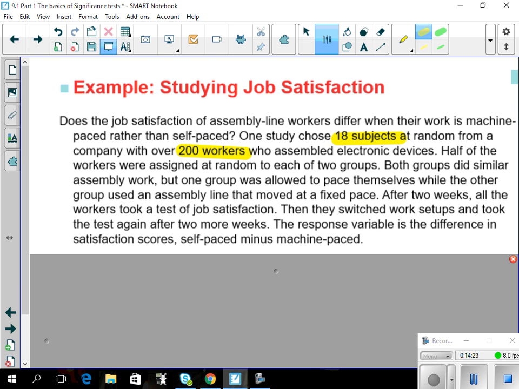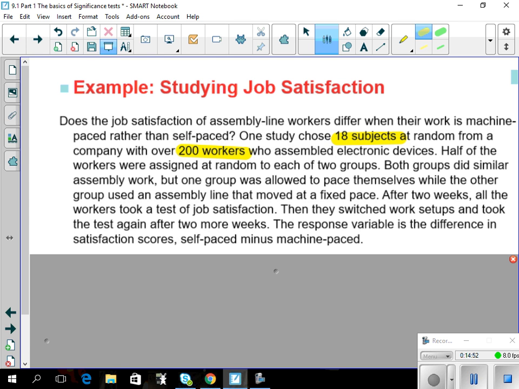What information am I given here? What is the 18 versus the 200? 18 is the sample size, right? And 200 is the population, right? So are we looking at less than 10%? Okay, that's the condition. I just want you to, as you read through a problem, notice what information is being told to us.